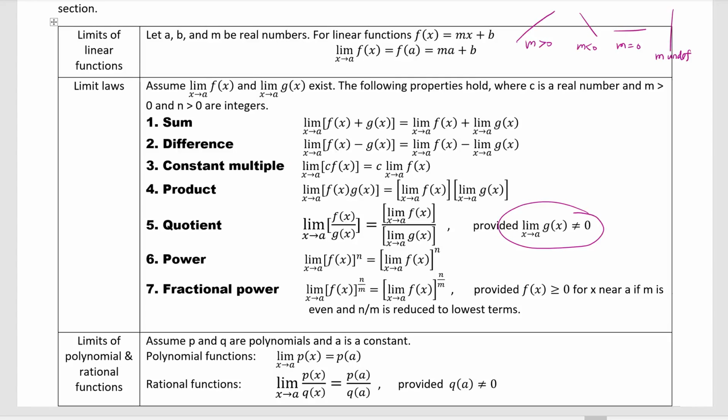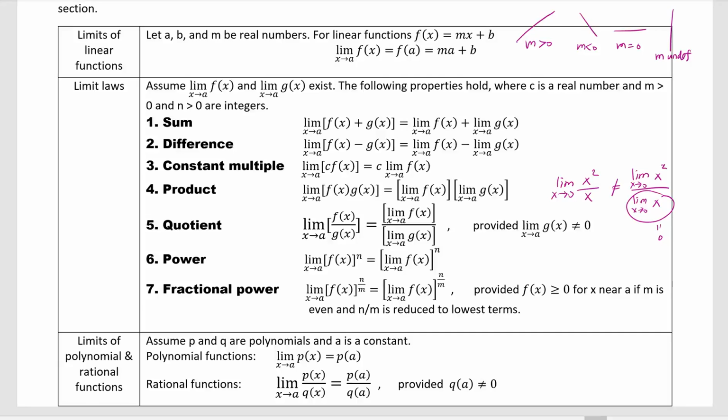If the denominator is 0, we cannot separate the numerator and denominator. For example, the limit as x goes to 0 of x squared over x is not equal to the limit of x squared over the limit of x, because that denominator is 0.